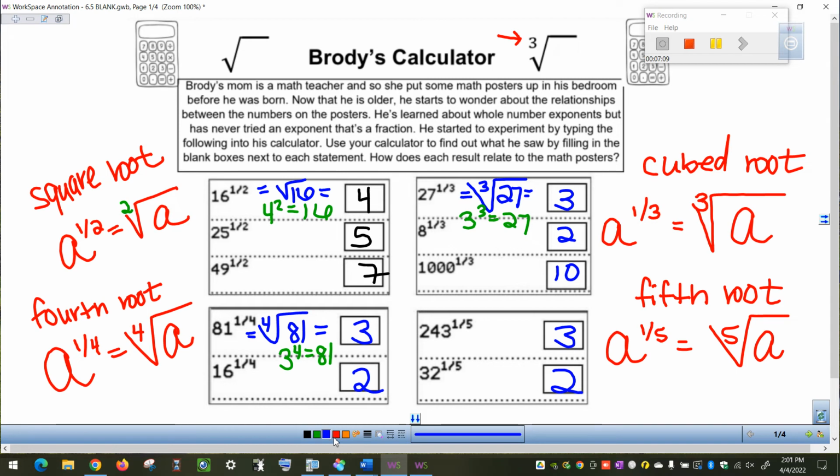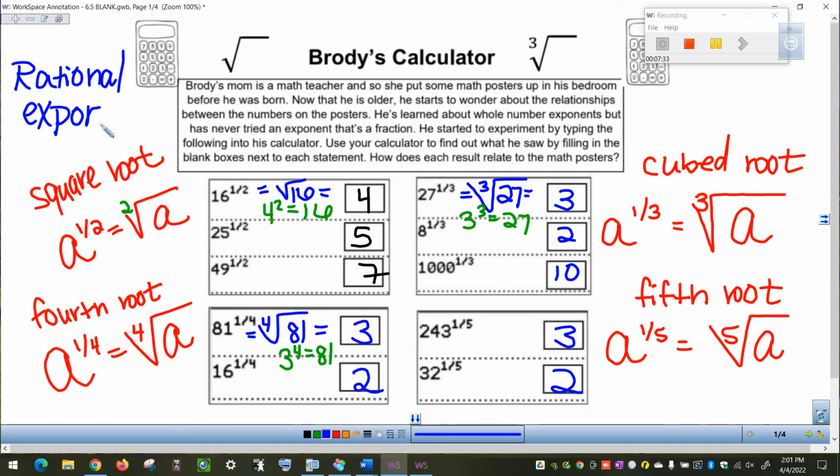All right, now we're going to put in 2 more labels here. I want to give a little bit of vocabulary to the work that we've been looking at. Instead of calling these exponents that are fractions, we're going to rename them as rational exponents.